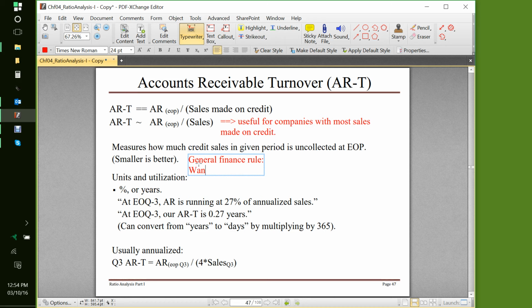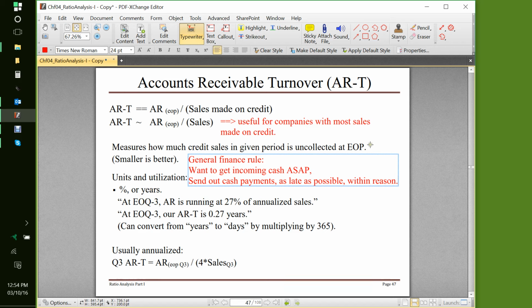We want to get our cash, get incoming cash as soon as possible, and send out cash payments as late as possible within reason. And we'll see what within reason means in just a bit.